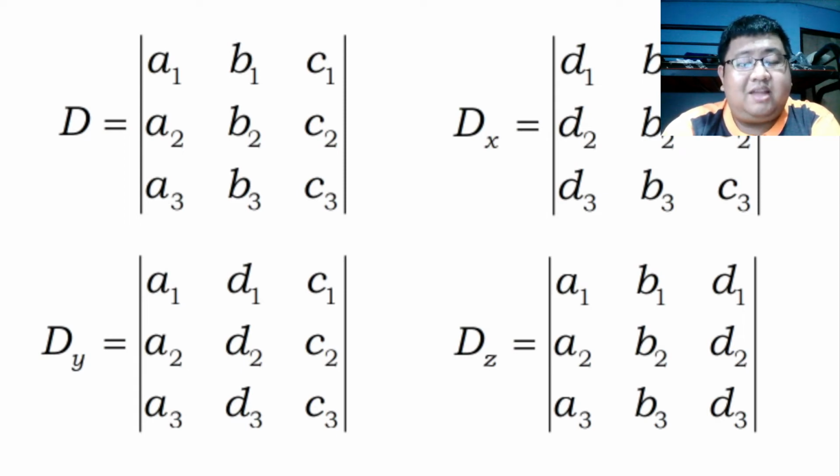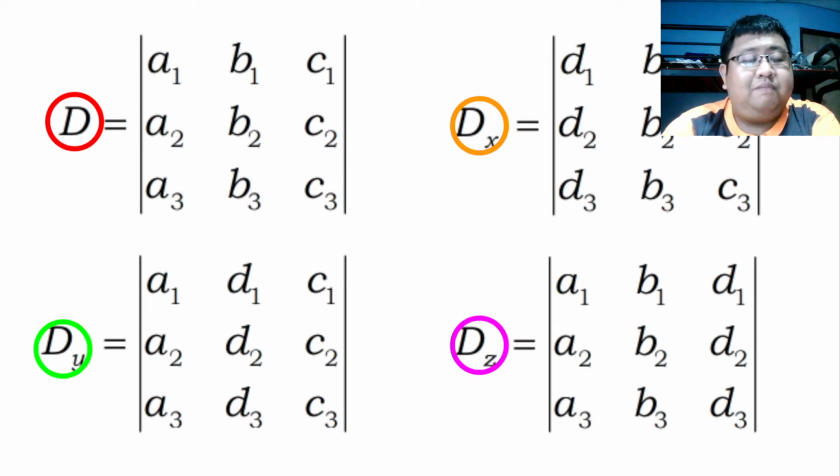And for dz, it is the third column that has been replaced with the constant matrix. Now, once you're able to get these four determinants, the solutions will come to you easily by division. So the D, the dx, the dy, and the dz, yan lang yung gagamitin nyo pag nag-divide kayo later.